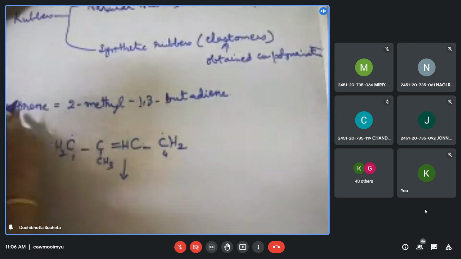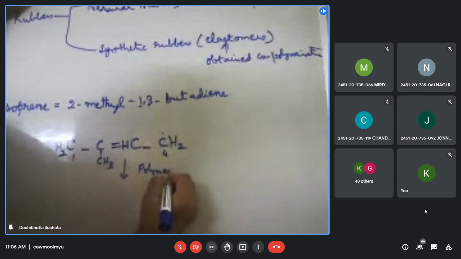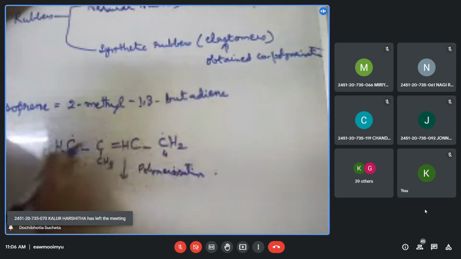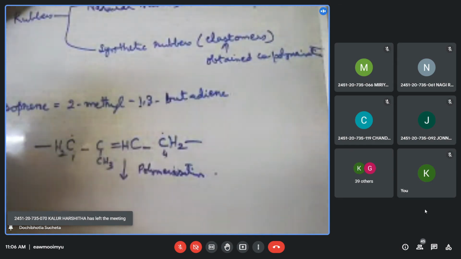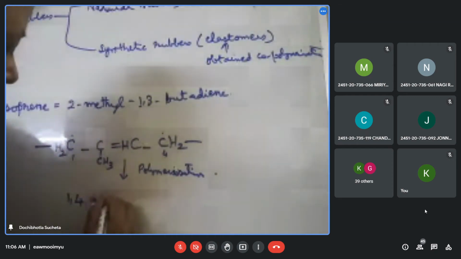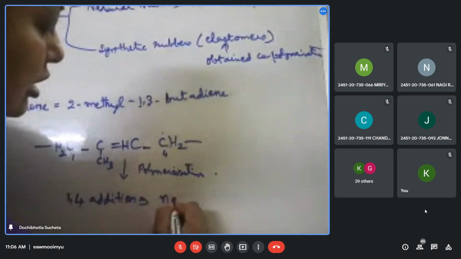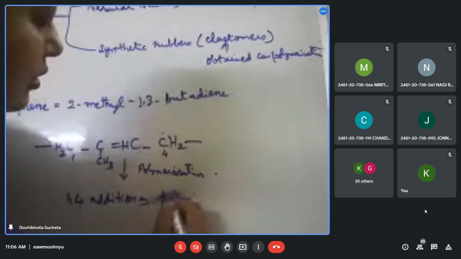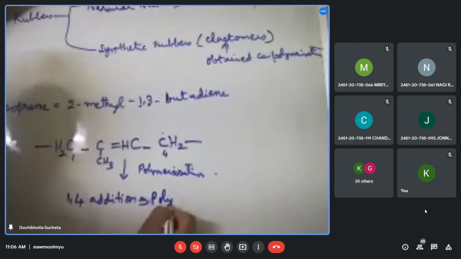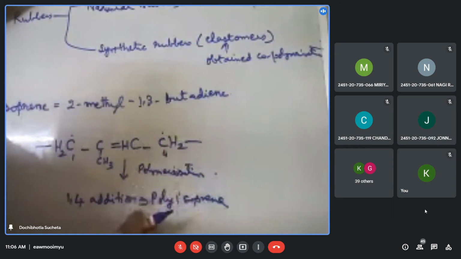So when isoprene is undergoing polymerization, the first and fourth carbon are participating, and hence the addition is called 1,4 addition to form the natural rubber. Polyisoprene, that's an exact one, to give polyisoprene. That's a structure.